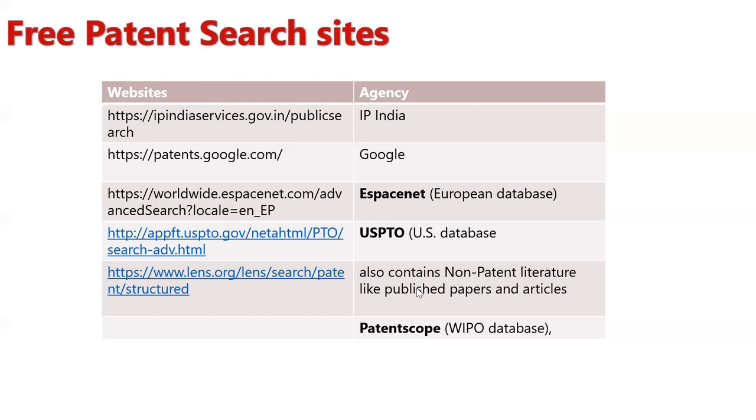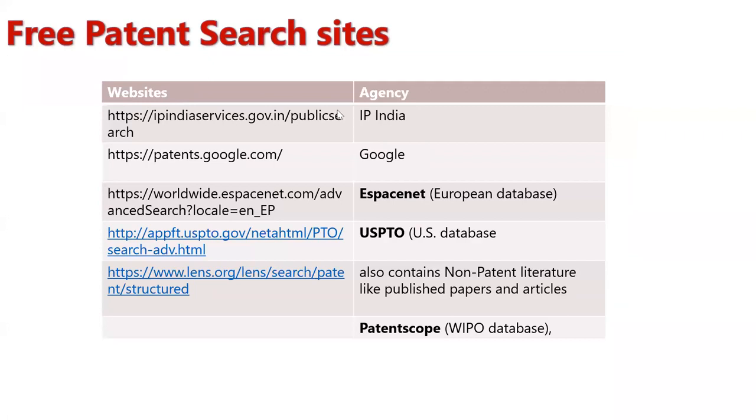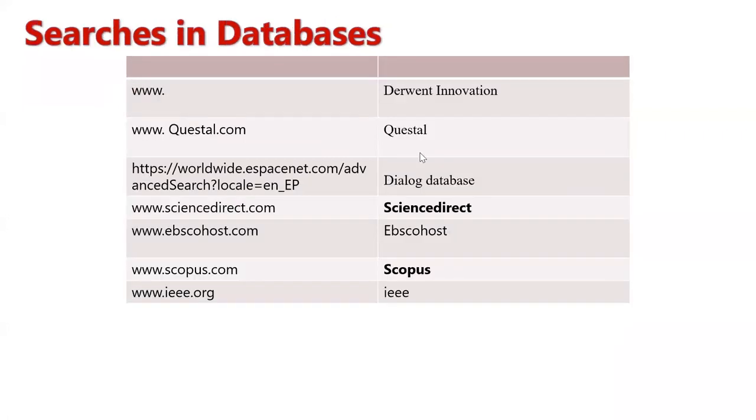As I said, whenever we are going to search about a patent, not only do we have to search in these websites, we also have to search in the databases. Some databases are there.